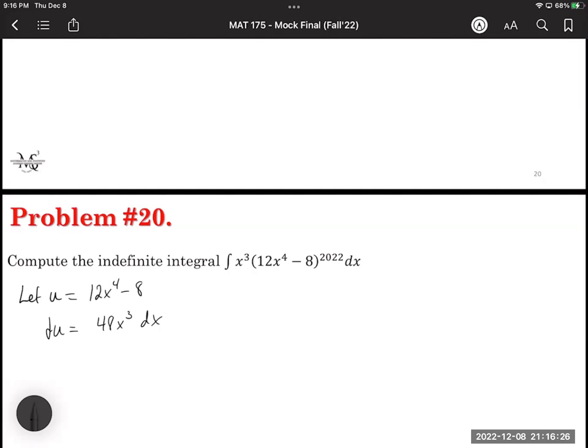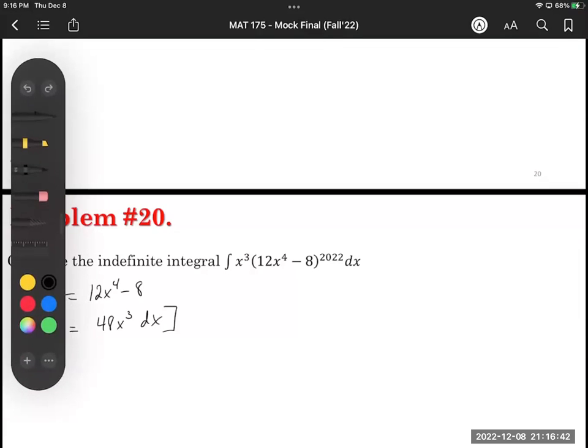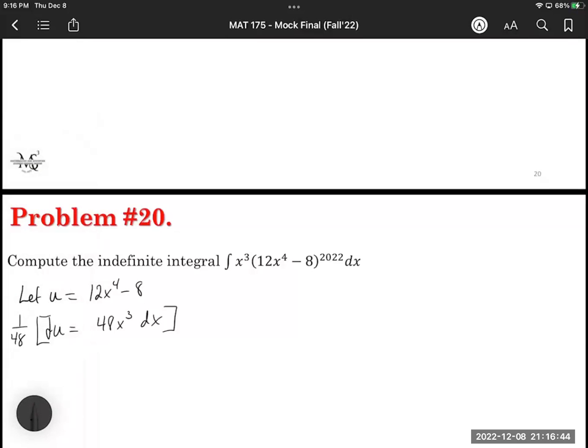Inside your integral, you have the x cubed dx, but you don't have this 48. So what I'll do is, instead of dividing by 48, it's equivalent to multiplying this whole thing by 1 over 48. So this gives me 1 over 48 du equals x cubed dx. Now I can make a u-substitution.